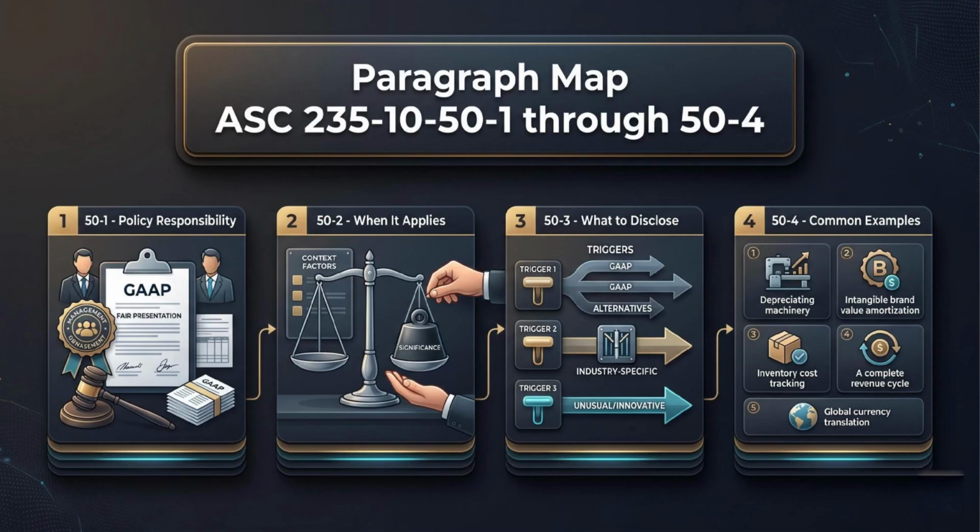ASC 235-10-50-3 tells us what kinds of policies need disclosure, especially policies involving acceptable alternatives, industry-specific principles, or unusual applications of GAAP. ASC 235-10-50-4 gives common examples such as depreciation methods, amortization of intangibles, inventory costing, revenue recognition, leasing revenue, and similar policy areas. This paragraph map is your exam compass. When confused, return to 50-1 through 50-4.